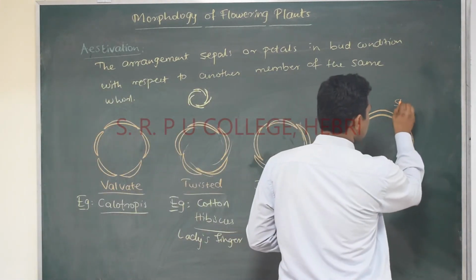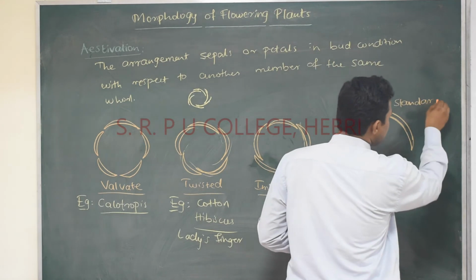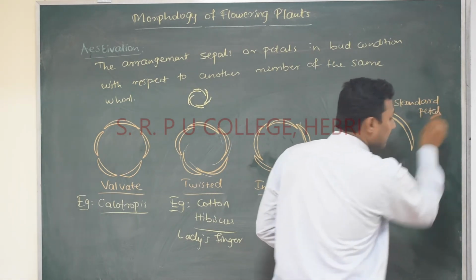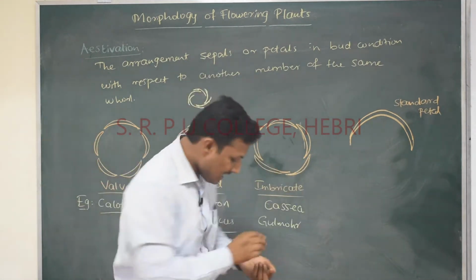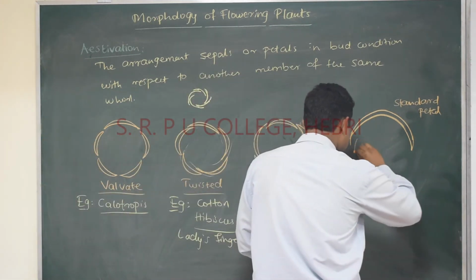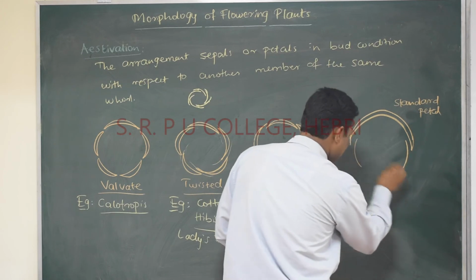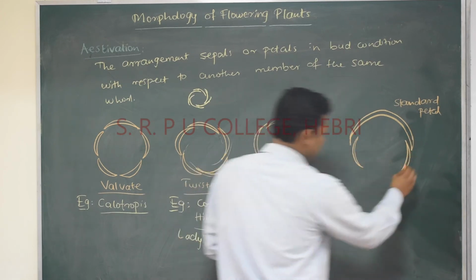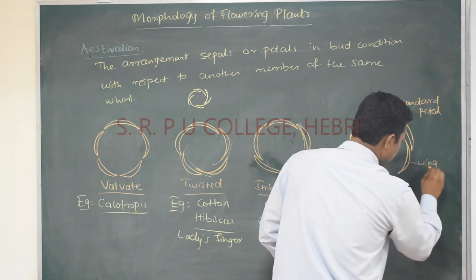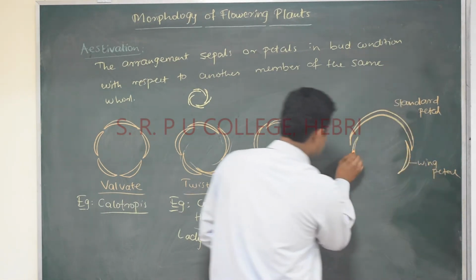This will be called as standard petal, and this standard petal will cover two small petals which are just like side wings, and that is why those two petals, they are also called as wing petals. See, wing petal. This is also wing petal.